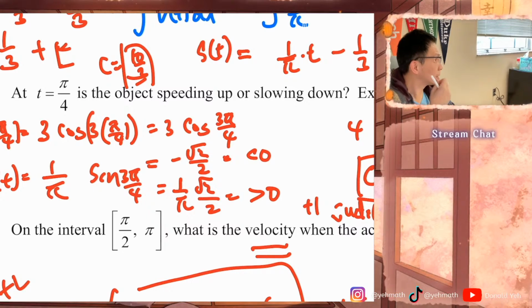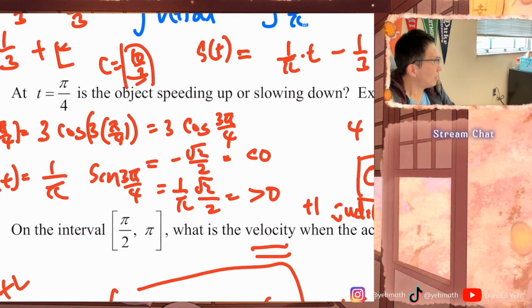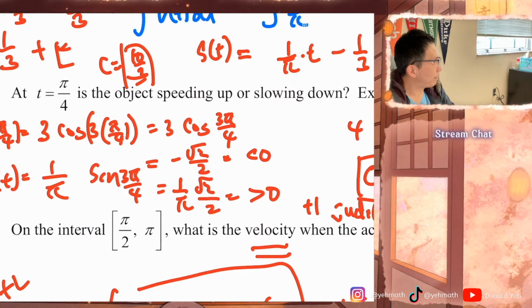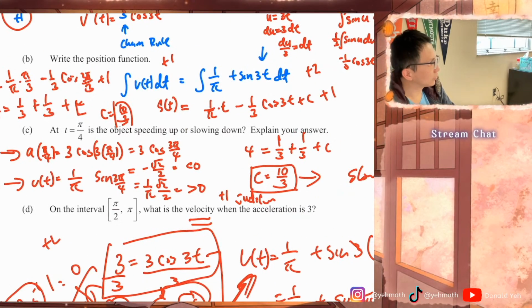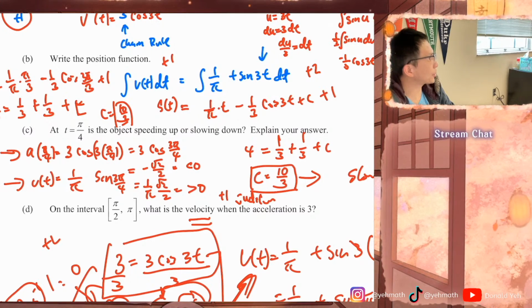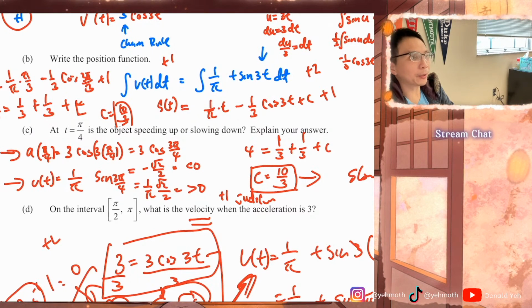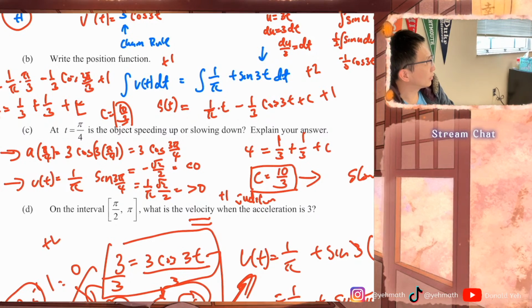I'm kind of confused about left, right, speeding up, slowing down, and increasing and decreasing. Is left and right only about velocity?